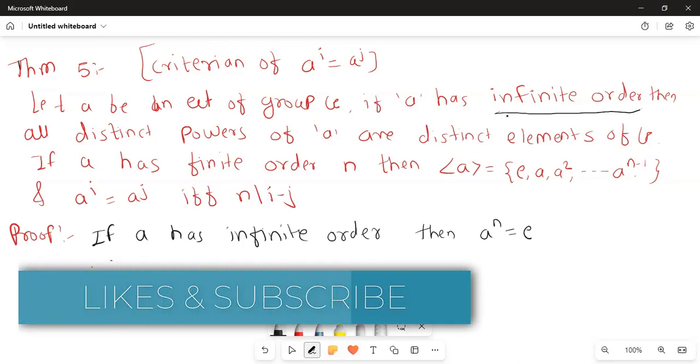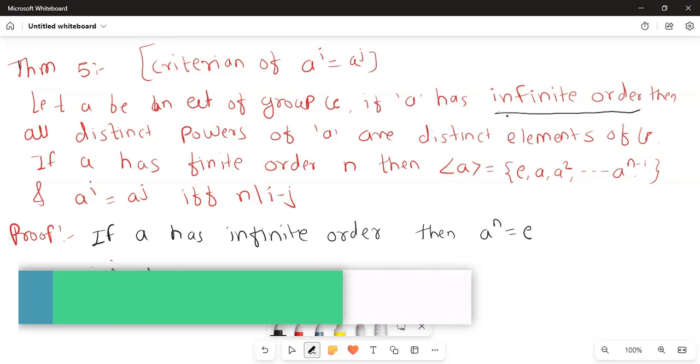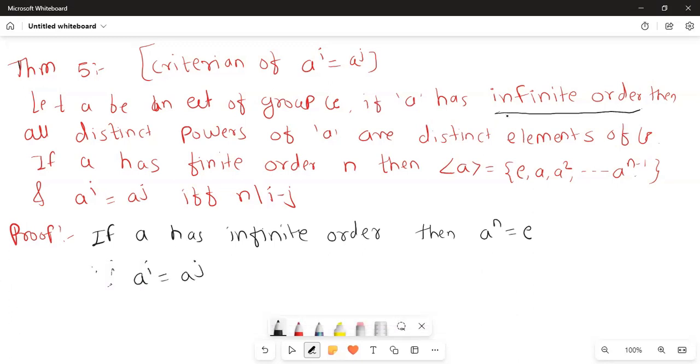We have since a raised to i which is equals to a raised to j, यहाँ पे i minus j करते हैं. a raised to i minus j विच इज इक्वल्स टू e आ जाएगा. अगेन i माइनस j विच इज इक्वल्स टू 0. अगेन i इज इक्वल्स टू j आ जाएगा.